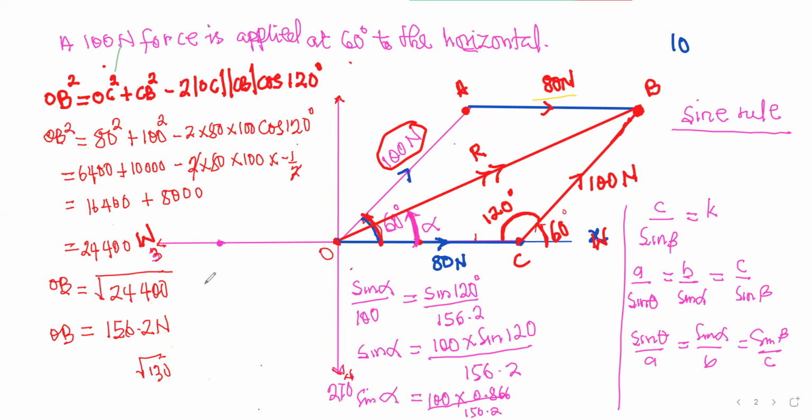So we have 86.6, and sine alpha is equal to 86.6 divided by 156.2. Please quickly give me this ratio, 86.6 divided by 156.2. It is 0.6.